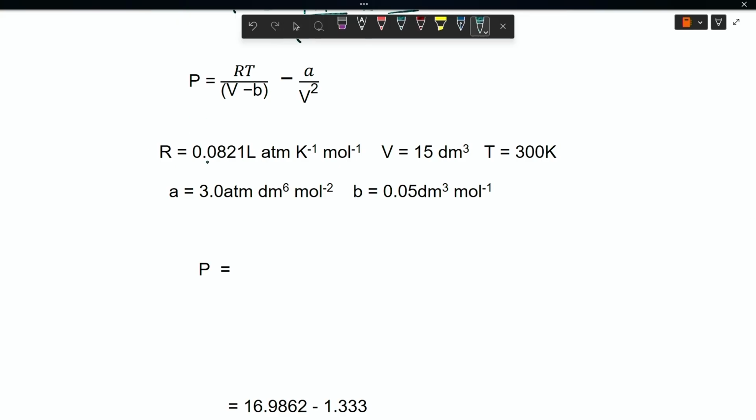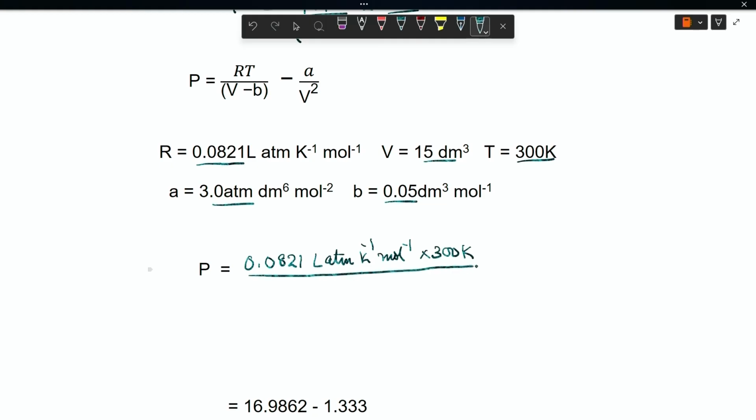We are going to substitute the data as given, R is given, V is given, temperature is given, a is given, b is given. So, R is equal to 0.0821 liter atmospheres per Kelvin per mole. Okay. Temperature is 300 Kelvin divided by the volume 15 decimeter cube minus b. b is equal to 0.05 decimeter cube.